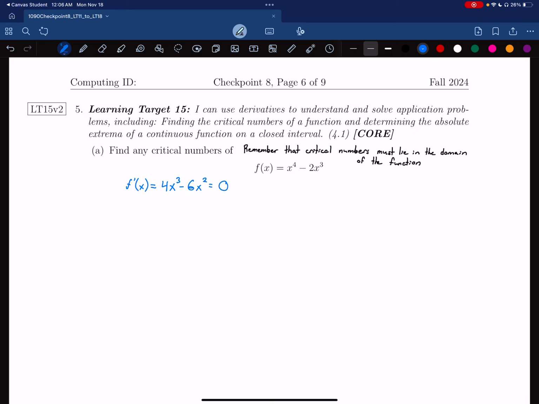All right, let's see what we could factor out. They're both even coefficients, so I can factor out a 2. I can also factor out an x squared. And that leaves me with 2x minus 3, still set equal to 0. From here, I have two different expressions that equal 0. I have 2x squared equals 0, and I have 2x minus 3 equals 0.